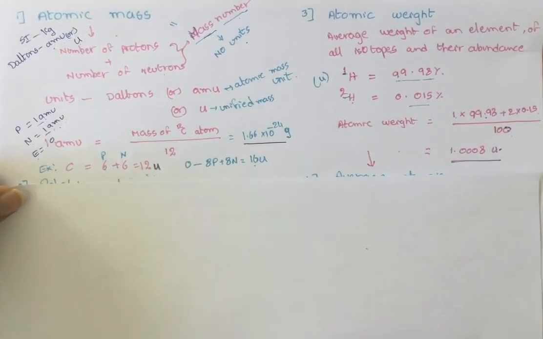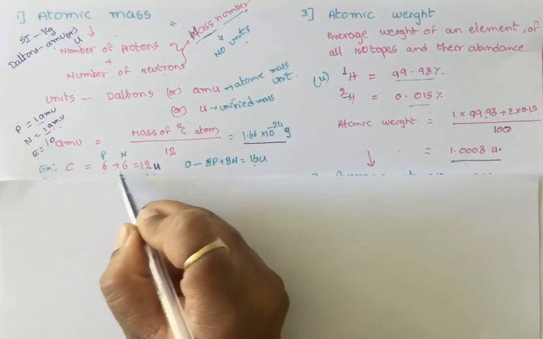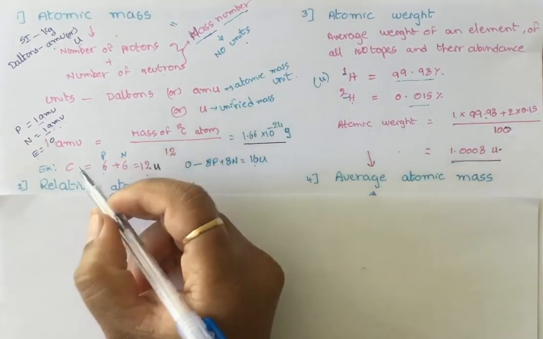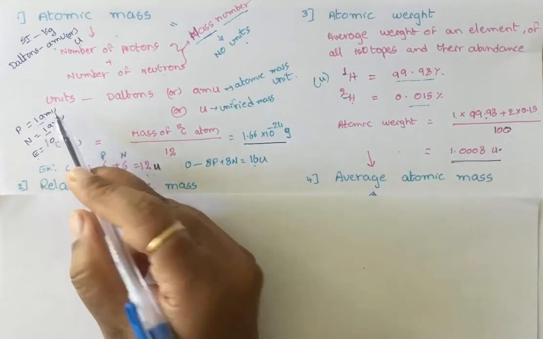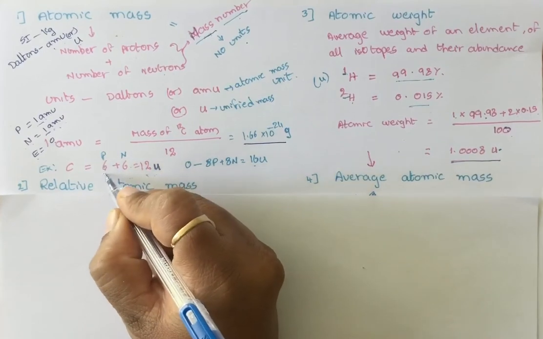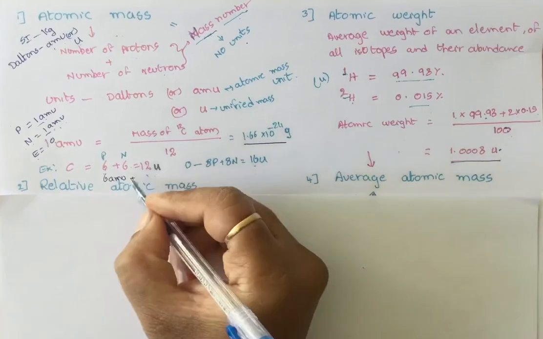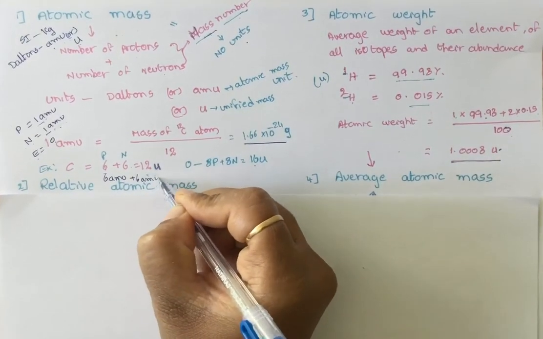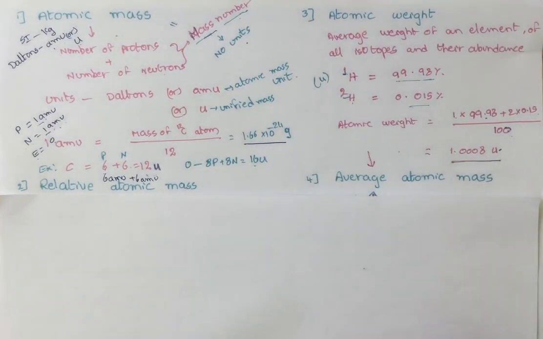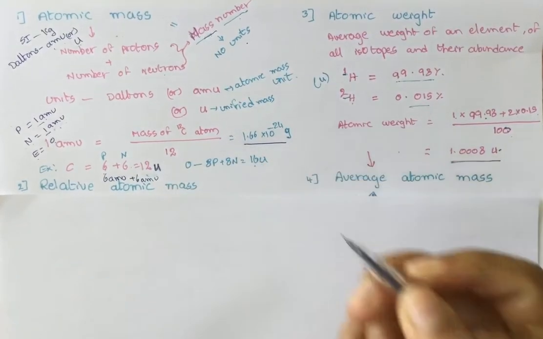For example, carbon has 6 protons and 6 neutrons. Each proton has a mass of 1 atomic mass unit. 6 protons have 6 atomic mass units, plus 6 neutrons have 6 atomic mass units. Total value will be 12 atomic mass units, or 12 unified mass U.